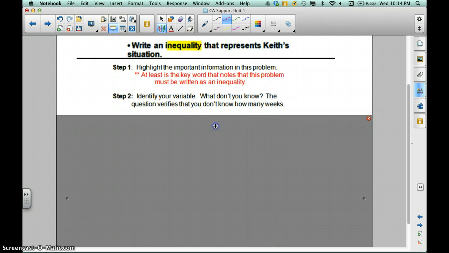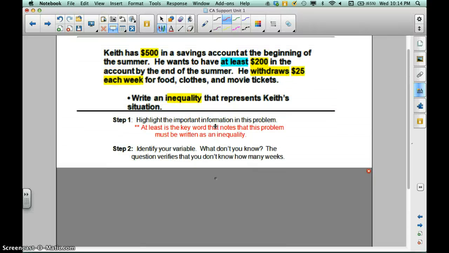Then we need to identify our variable. What don't we know? The question verifies that we don't know how many weeks. Okay, I think I cut off the question here, but that is the information that's missing. We know that he withdraws $25 each week.